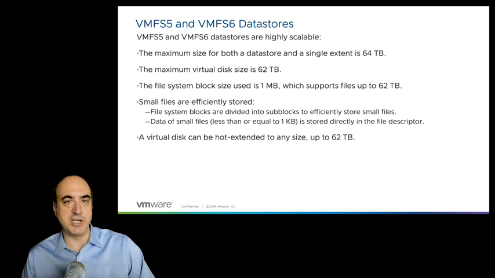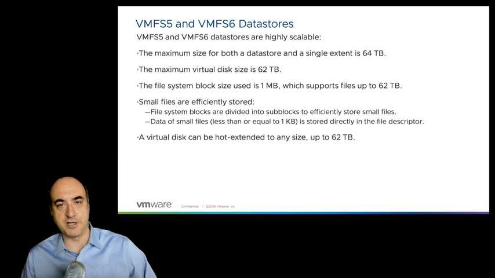Back when we did change from 2 terabytes to 62 terabytes, that was from changing from vSphere 5.1 to vSphere 5.5, right? In vSphere 5.1, the largest file size was 2 terabytes. In vSphere 5.5, the largest file size was 62 terabytes. However, at the vSphere 5.5 timeframe, vSphere did not allow you to hot extend a virtual disk over 2 terabytes.